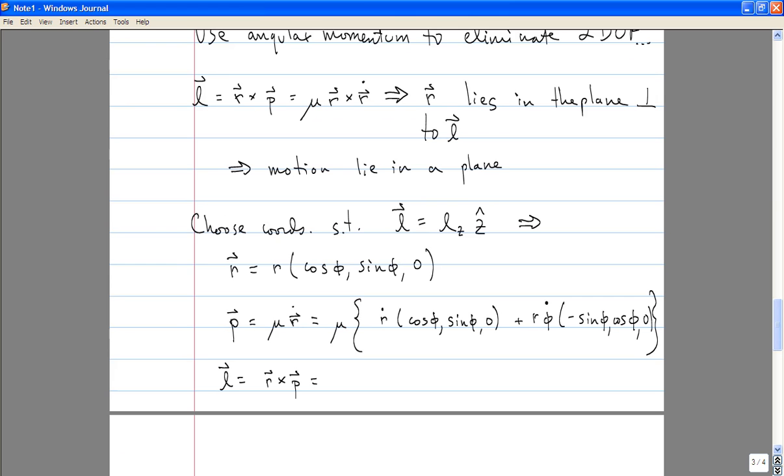Now the first term is where r vector is crossed with this vector right here, which points in the same direction as the r vector. So that's going to be 0. So we're only left with the cross product of r with that second term there, which will be r squared phi dot times the cross product of those 2 vectors. And now the cross product of those 2 vectors is just z hat.